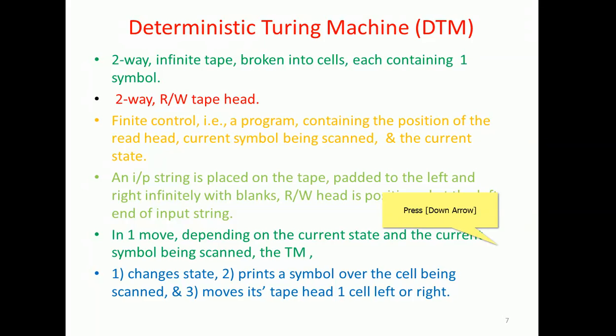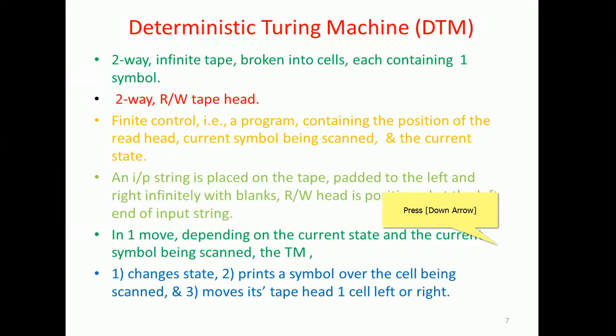In a move, the machine changes state, prints a symbol over the cell being scanned, and the finite control moves the tape head by one cell left or right.